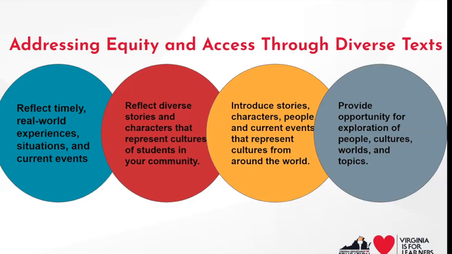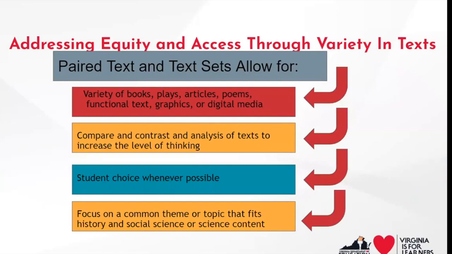So we want to have texts that students are familiar with and that they really enjoy reading, but we also want to have texts that may be more challenging in terms of ability or level. And we want to have texts that introduce our students to new ideas and new experiences. So this is the variety when we talk about diverse texts. You want to have as many possibilities as you can think of in the theme or unit.